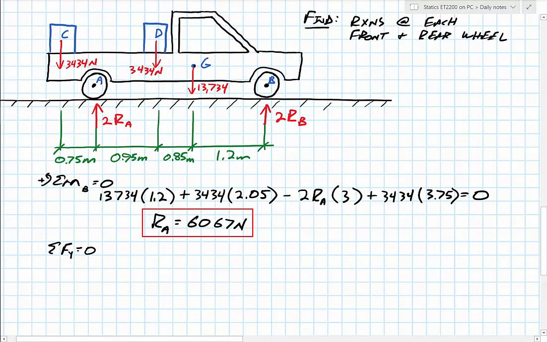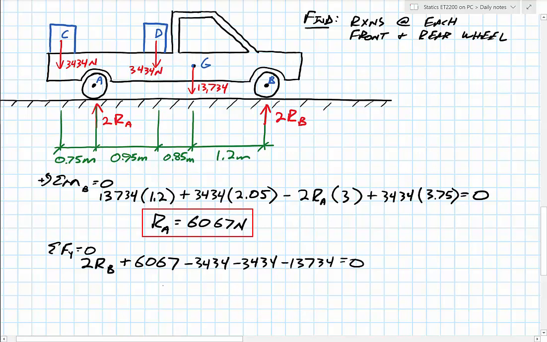So now I'm going to start off with my unknown. I have two of these reactions at B, and then the reaction at A is pointing up, 6,067, and then I have my forces going down. So I have minus 3,434 for one crate, minus 3,434 for the other crate, minus 13,734 for the weight of the truck.